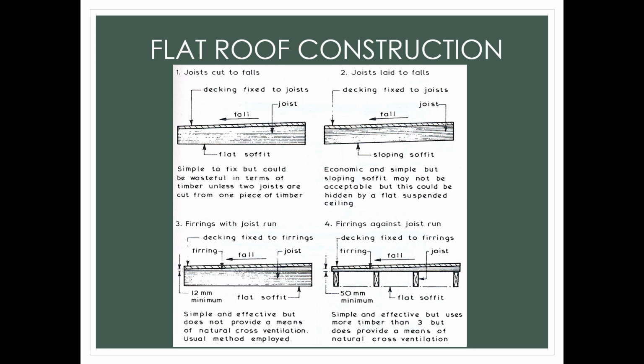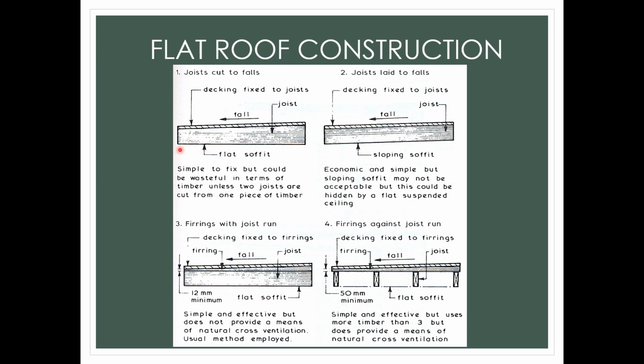Okay, this is the flat roof. Four different joist arrangements on the flat roof. We have number one, joist cut to falls. I guess up to this point you already know what a joist is.